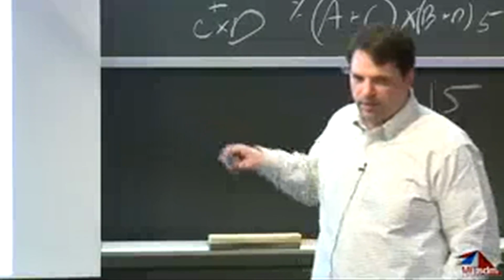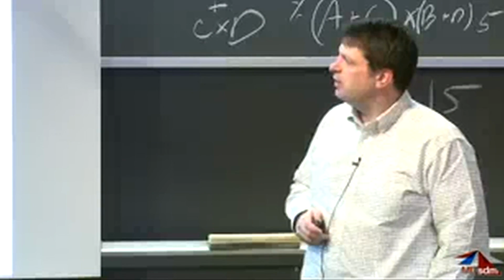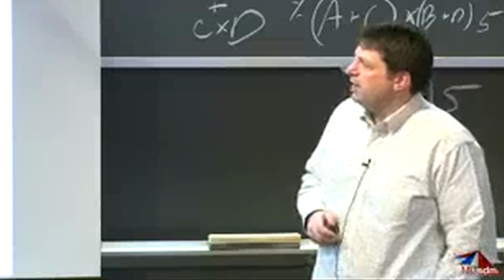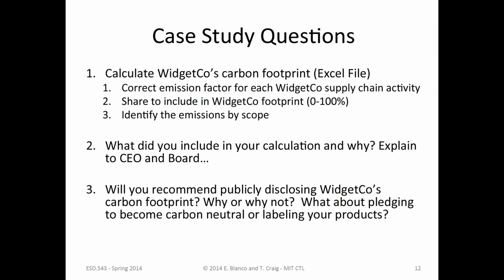And we'll talk a little bit more about this at the end. Again, for the case study, we listed all the activities in the spreadsheet and asked you to identify the emission factor and the activity driver, so how much you consumed of that, and how much you wanted to include in your company's carbon footprint, anywhere from 0 to 100. So if you were excluding it, 0, and if you were including it, you'd have to give some percentage for that and why.